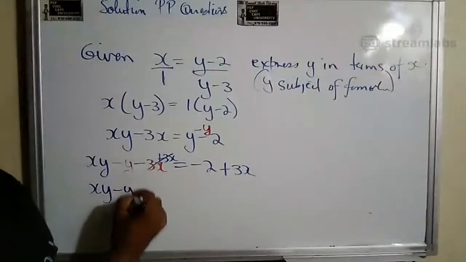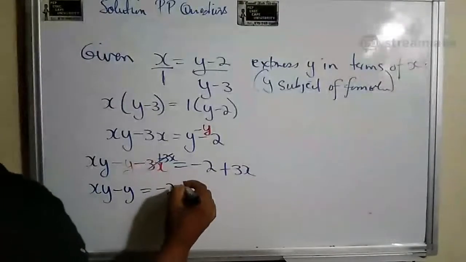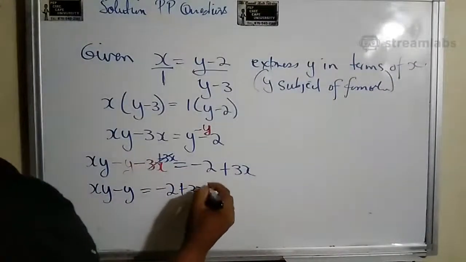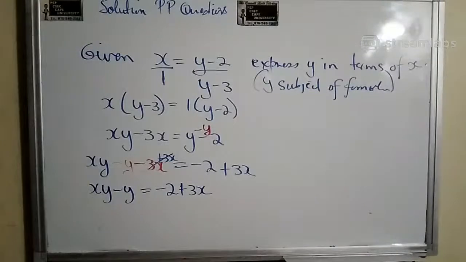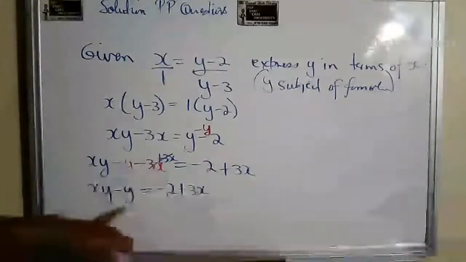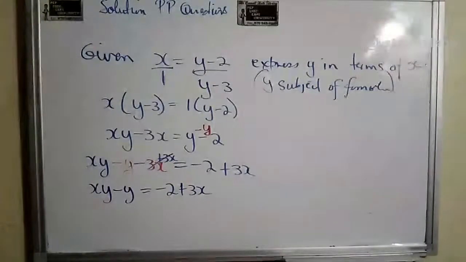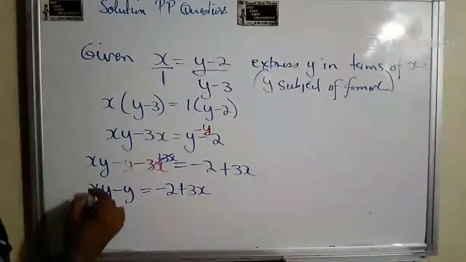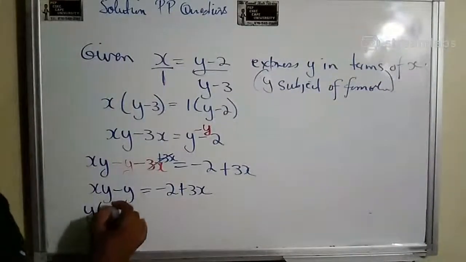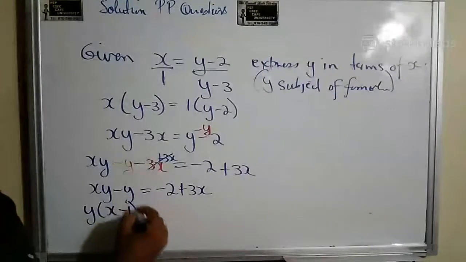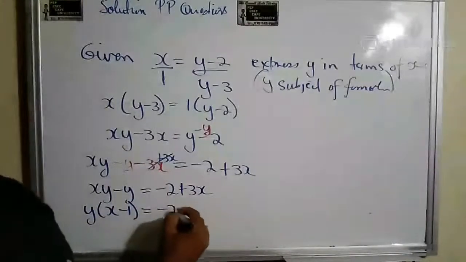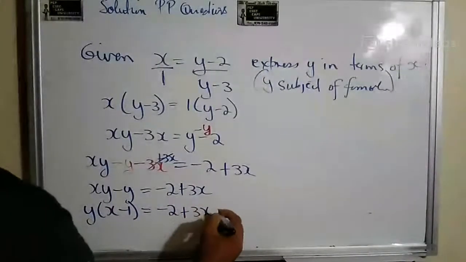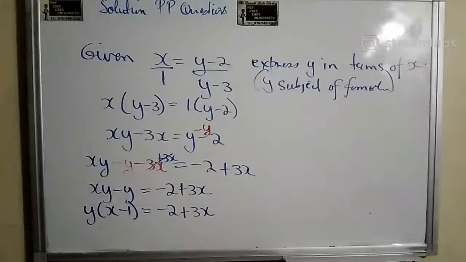So we are left with xy minus y is equal to negative 2 plus 3x. Remember, the objective is to get y by itself. So what we can do is factor out the y. So y, this into this leaves x, y into itself leaves minus 1, and that is equal to negative 2 plus 3x. Now this is times.